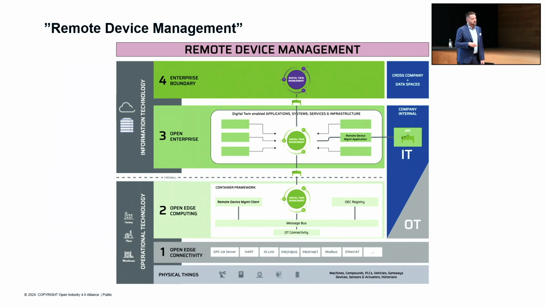Yeah, we already had this slide, and just one example, don't take it too seriously. It's just to play around with this new concept. How could remote device management look like as a more detailed use case, with some remote device management application on this layer 3, with a possibly AAS-enabled ERP system on the IT side, with a remote device management client on the edge side, and with a digital twin enablement on layer 3 as well as on layer 2, to exchange digital twins based on the AAS.